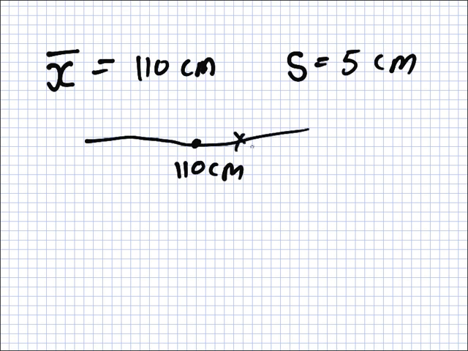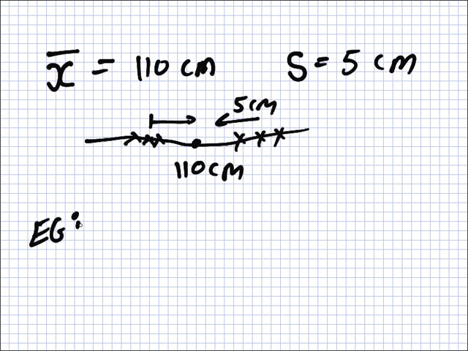Of course, there will be some which will be more and some which will be less. But I also know that mostly they'll be about 5 centimeters away. Some of them will be less than 5 and some of them will be more than 5. So I could make up an example.